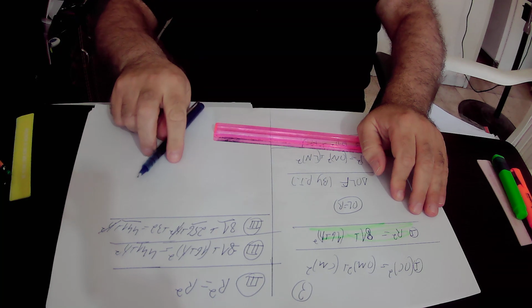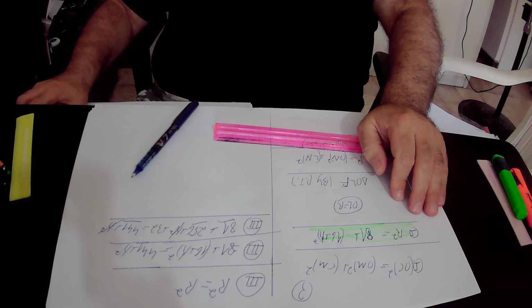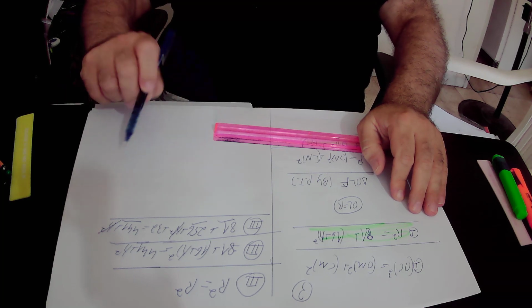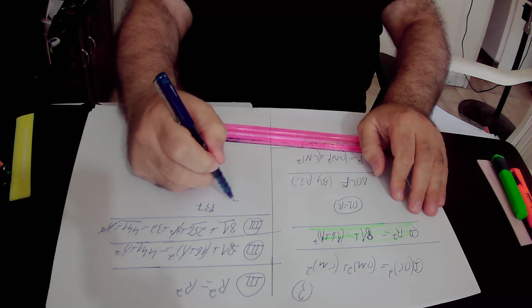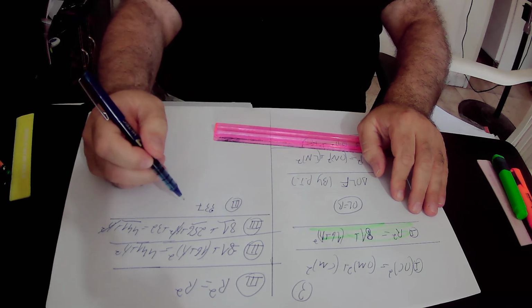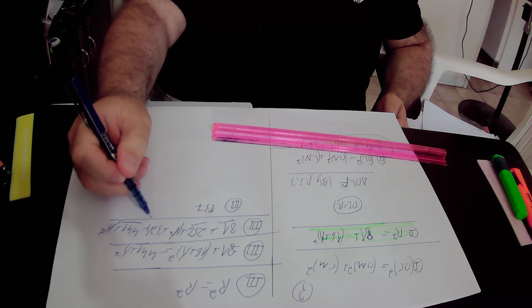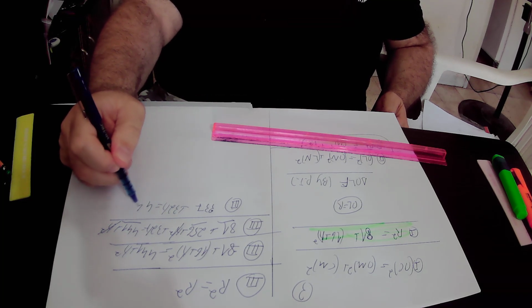So here 256 plus 81 equals 337 plus 32h equals 441.